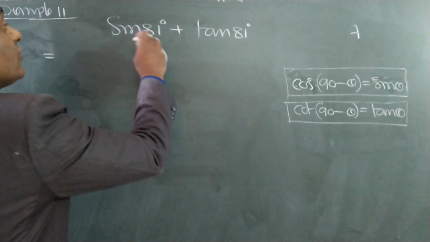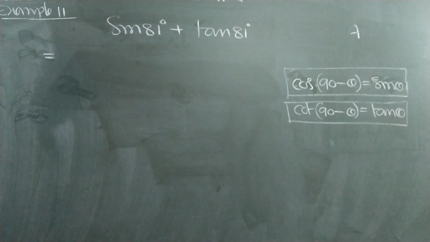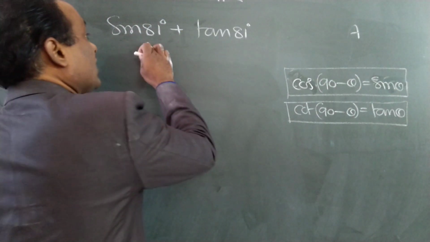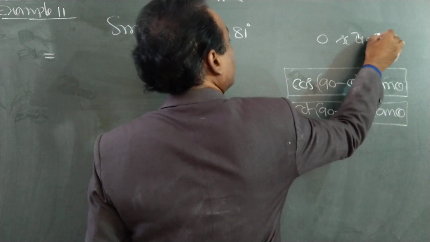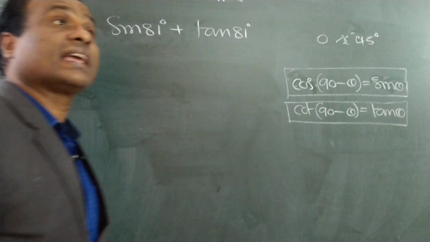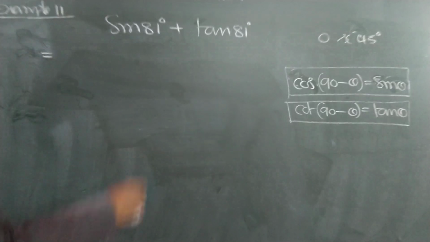So 81 is greater than 45, it is not between 0 and 45. Change these two angles so that the new angle is between 0 and 45.